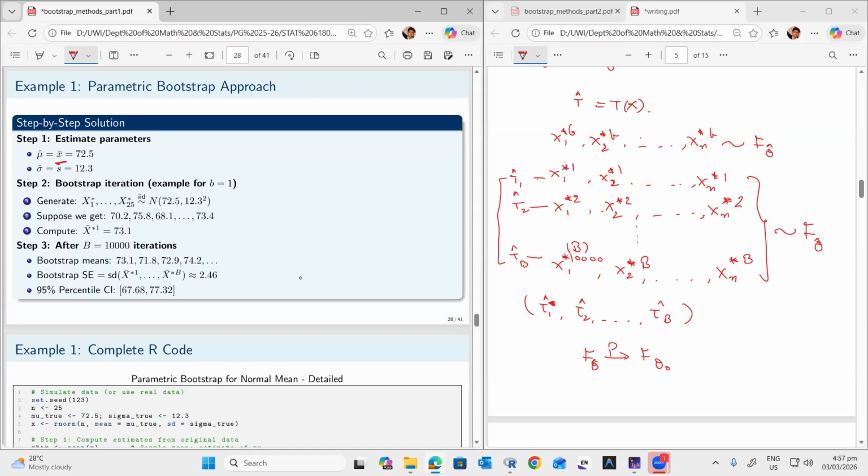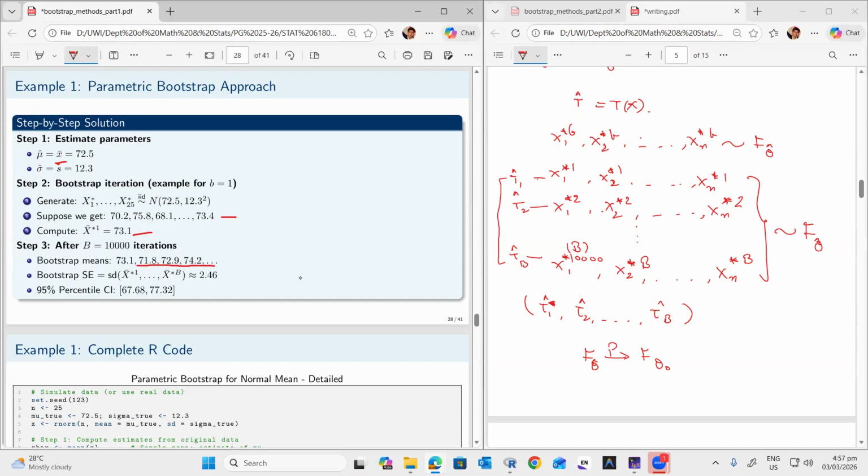So for b equals 1, we generate x1, x2 up to x25 from the IID normal distribution with mean 72.5 and variance 12.3 squared. Suppose we got this data, so we compute the sample mean, say 73.1. After that, we again generate the data 10,000 times and we get the 10,000 means here.